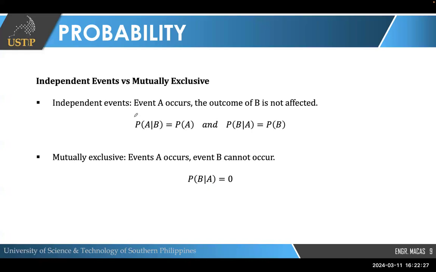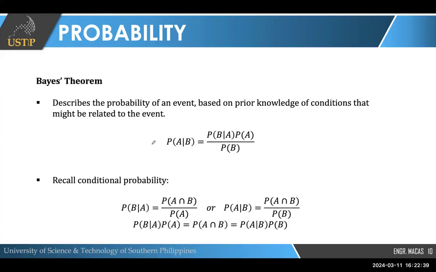Okay? So, mao na siya ang difference sa independent o mutually exclusive when we're talking about conditional probability. Sadly, wala ko problema, wala ko example na class. At doon sa Bayes' theorem, kay mao ang pinaka-importante when we discuss about conditional probability. Okay, so Bayes' theorem class, again, as I've mentioned, under ni siya sa imong conditional probability.